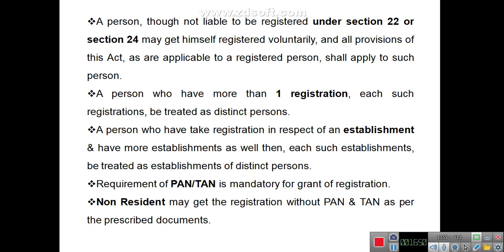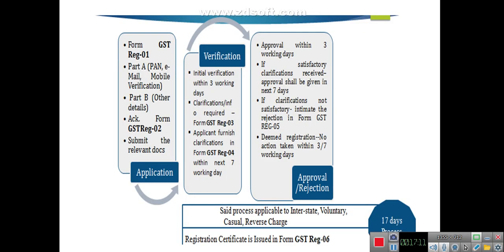For registration, a permanent account number or TDS or TCS account number is mandatory for grant of registration. A non-resident may get the registration without a PAN number or TIN number as per the prescribed documents.